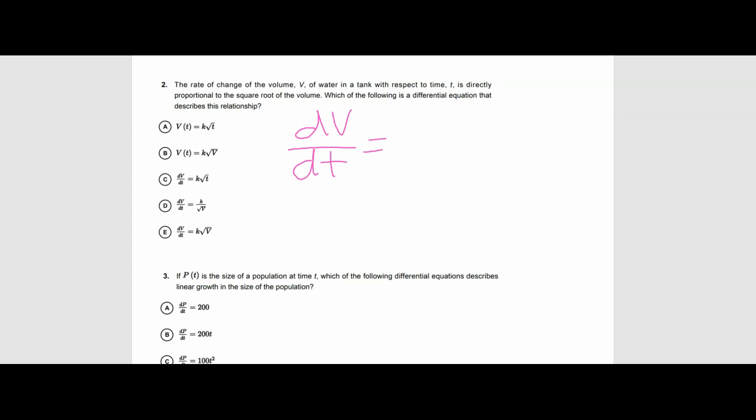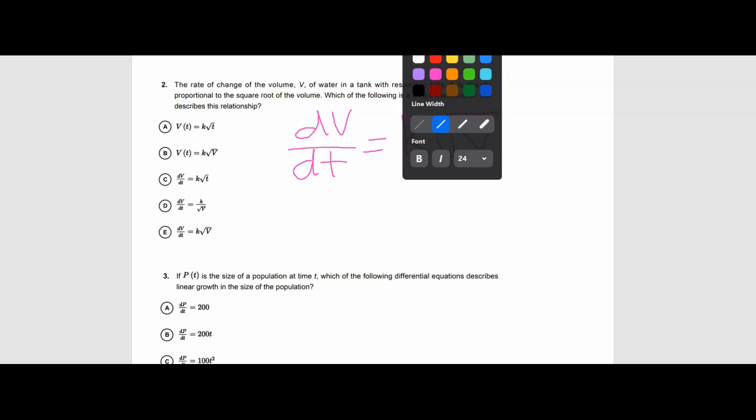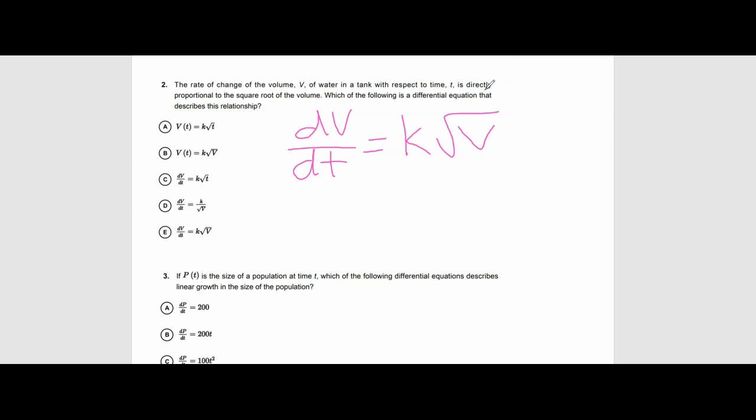dV/dt. It said is directly proportional, so k times the square root of the volume. Well, the volume's V, so the square root of V. And that's all. That's it. A little bit less complicated than the one we did before.